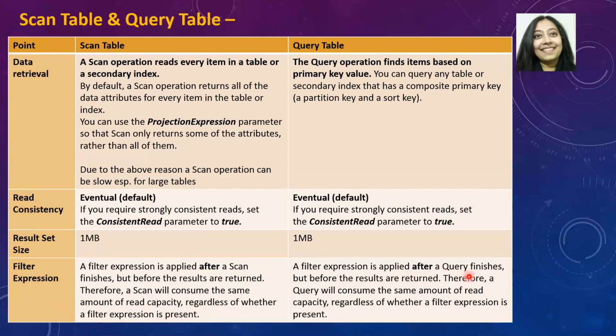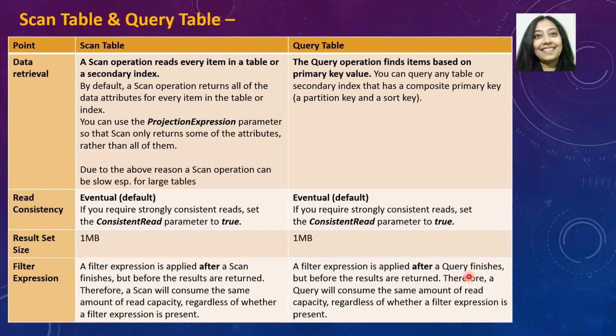So let's say you had filter expressions in your query. Remember, a query only picks up items based on the primary key value. So once it has picked up those items that match the primary key, after that it applies the filter expression on those items.